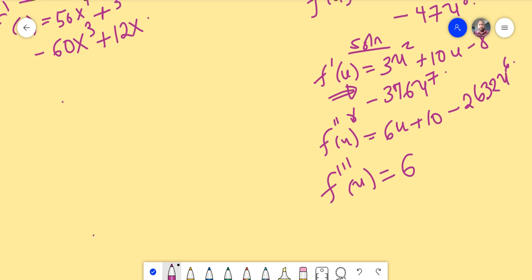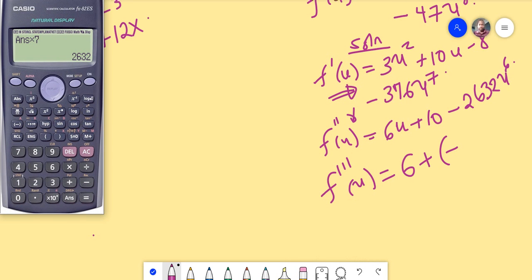So this will be 6, plus this constant won't be there because a constant will disappear. So it will remain with minus here. So this one now, that minus sign will affect this sign. So we have minus, and we multiply this by 6.